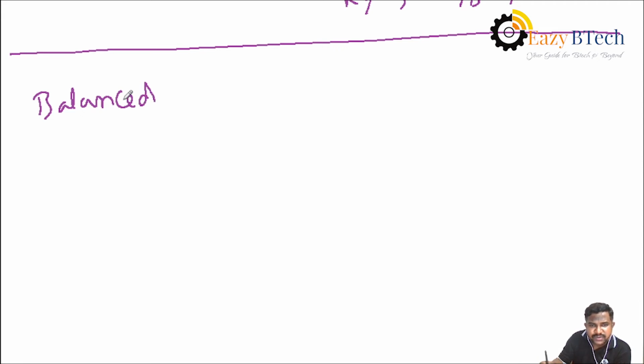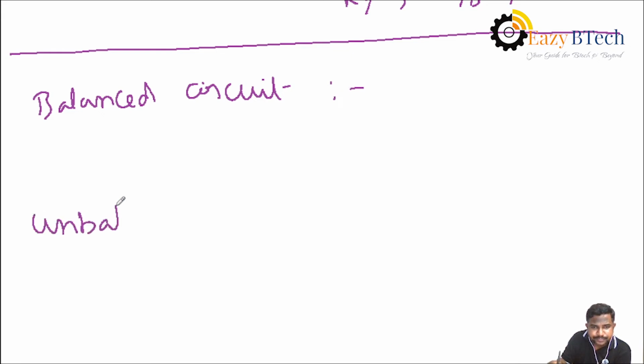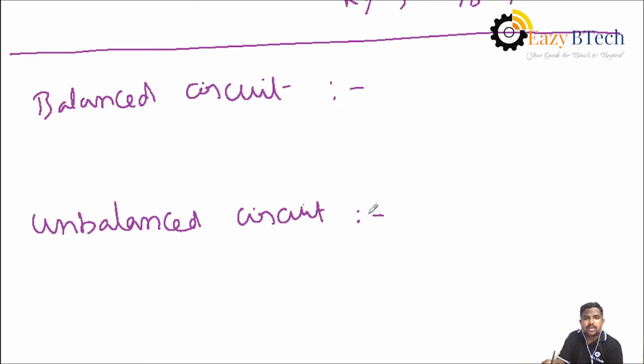All three phase circuits we can classify into two types: balanced circuit and unbalanced circuit. Balanced means equal, unbalanced means unequal.